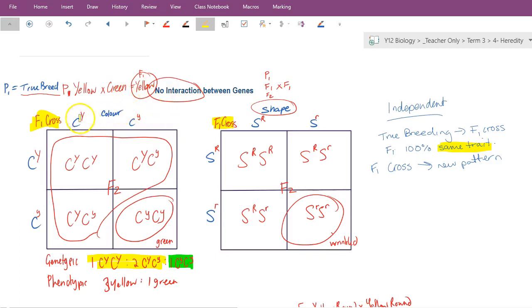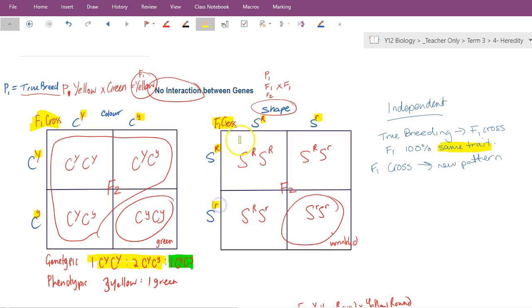So in the case of the true breeding plant for color, they had a dominant gene for yellow and a recessive gene for green. Okay? And in the case of their shape, they had a dominant gene for round and a recessive gene for wrinkled.